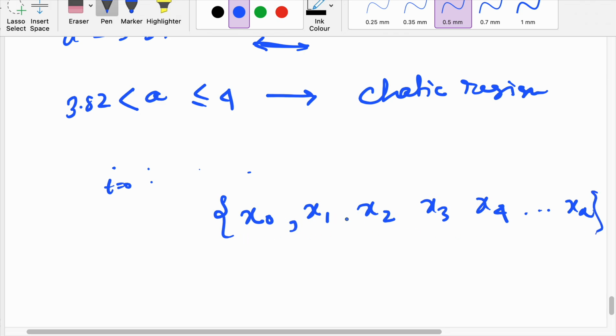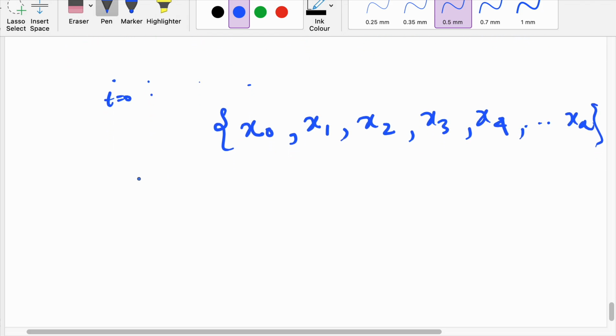This is the mathematical definition. Physically, if you study the time series of the population abundance, the trajectory is called the orbit.